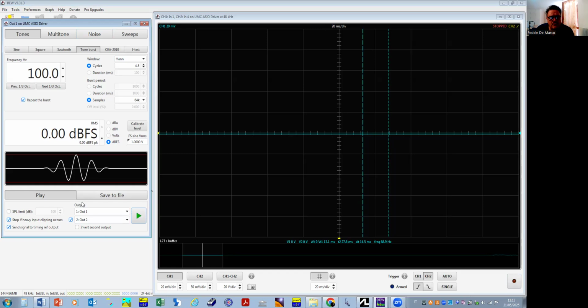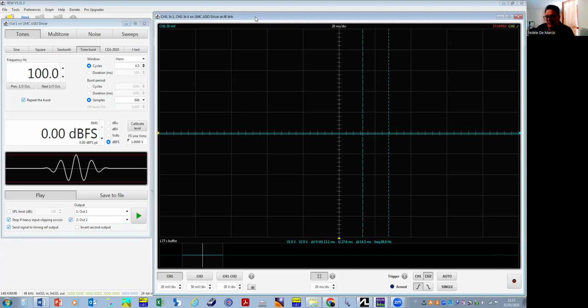So I set up the generator to play the signal in out 1 and out 2 of my sound card. No, out 2, sorry. I have a cable in the out 1 in the system and out 2 as a loopback for the reference time.